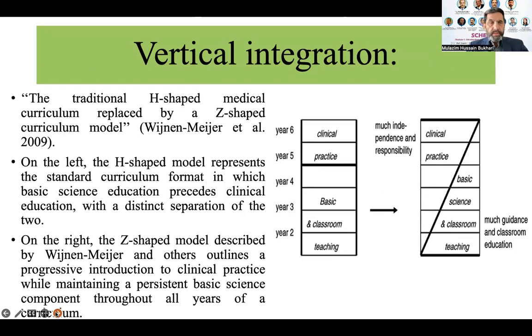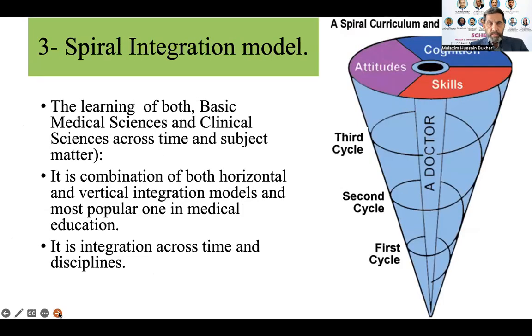This is one model of 2009: year 1, year 2, year 3, year 4, year 5. So this is just like a Z line. From this you are teaching, then this. So this is a vertical or H-shape teaching: classroom, basic, practice, clinical. In this way, you are making the integration.